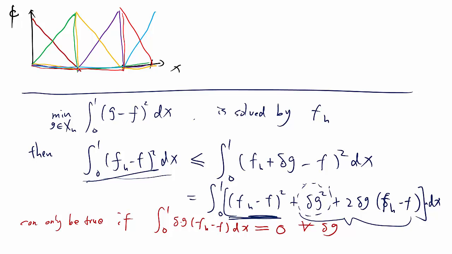And I can scale this delta g, for which this is negative, by a very small number so that the square term is insignificant. By doing that, I violate this inequality which I have to satisfy for fh to be a minimizer. So this is a proof by counter-argument that this equality has to be true for this inequality to be satisfied for any delta g.